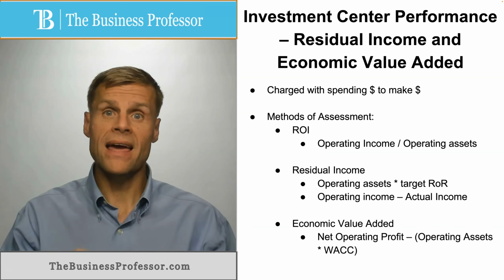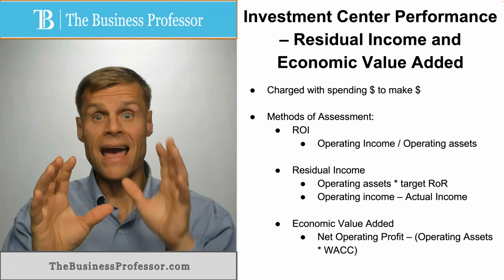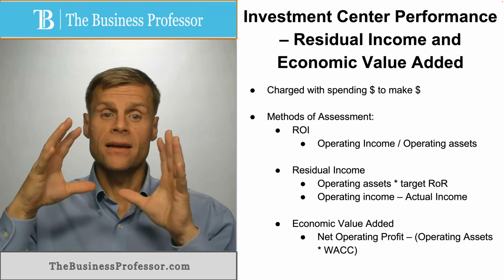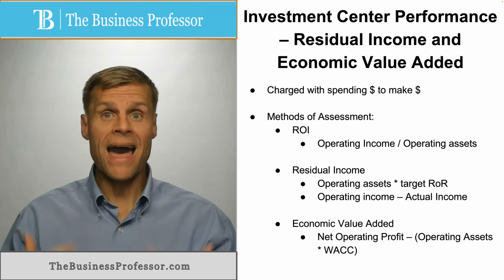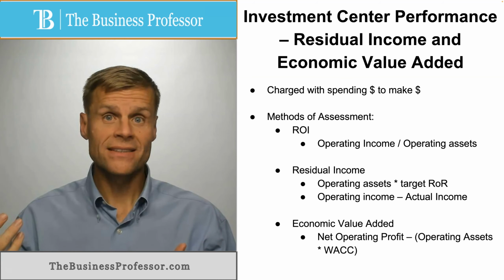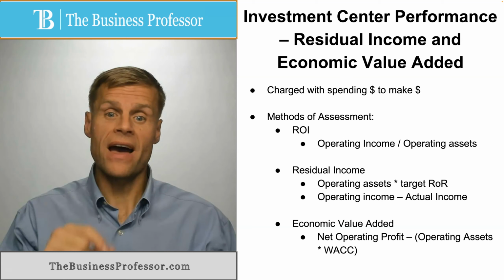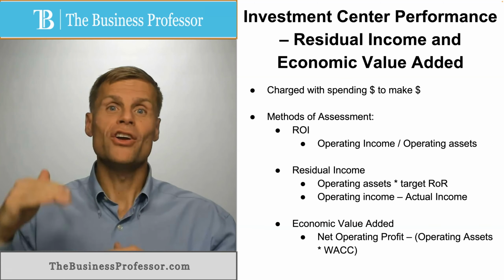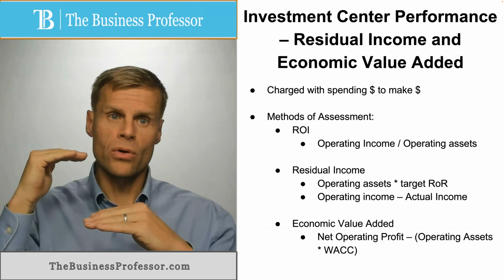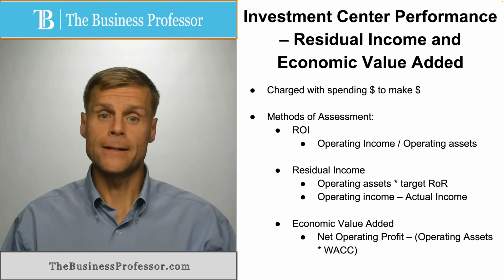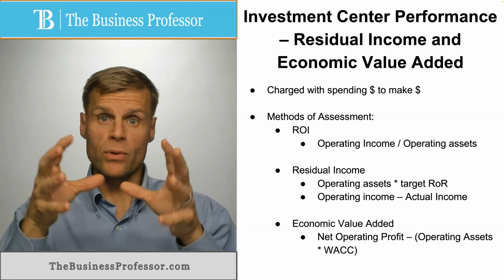You multiply that by the value of your operating assets employed. Once again, you would subtract that from your actual operating profit, and that gives you the economic value added, or the value added above your expected or obligated rate of return for that combined debt and equity investment.